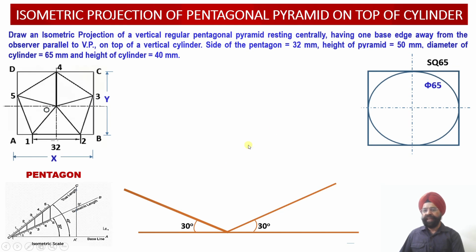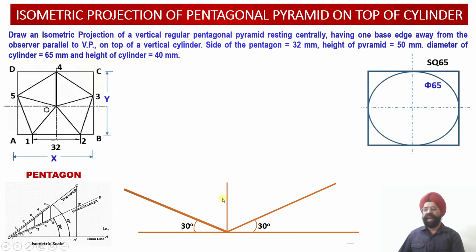So on the x-axis, I have to mark this edge equal to 65 mm for this square. Similarly, along the z-axis, I will mark a distance of 65 millimeter, which will be the second edge of the square. And the height of the cylinder will be marked along the y-axis over here.